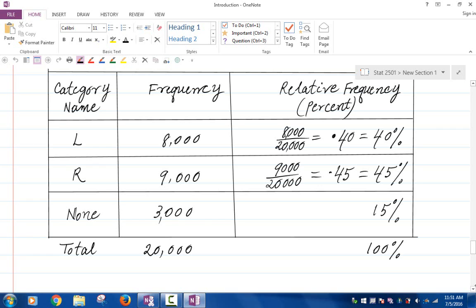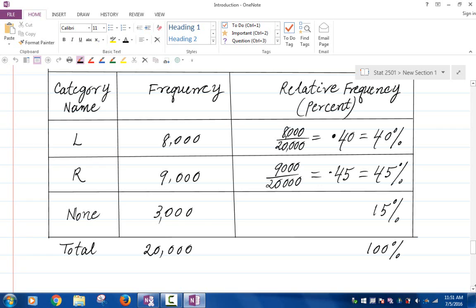That is the frequency for the category R. And then for the category none, let's say 3,000 voters said none. So if I add up the frequencies, I should be getting what? 20,000, because I picked a sample of 20,000 voters.